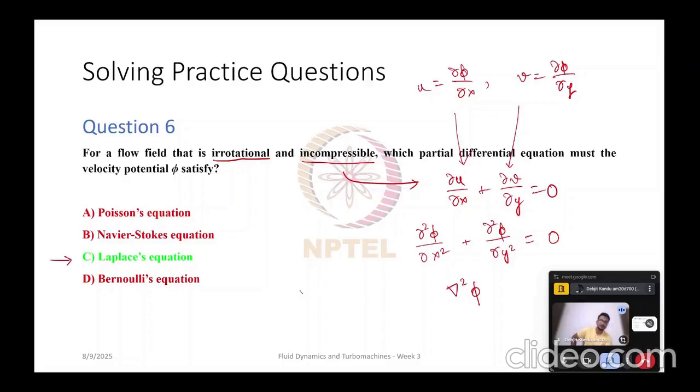It simply means ∂²/∂x² + ∂²/∂y² + ∂²/∂z² being operated on something. This is the Nabla square operator.